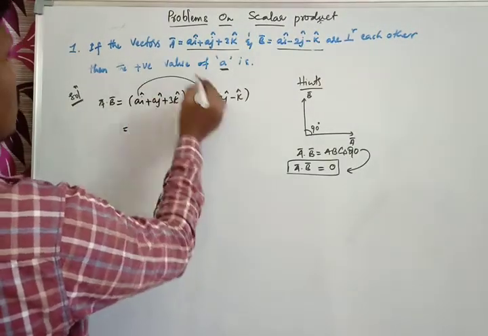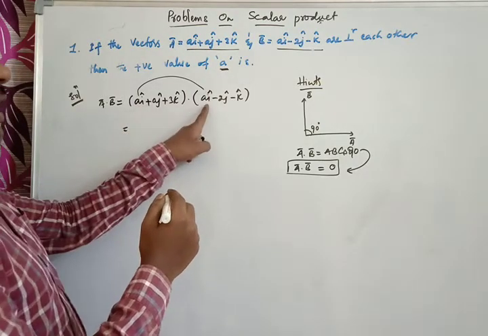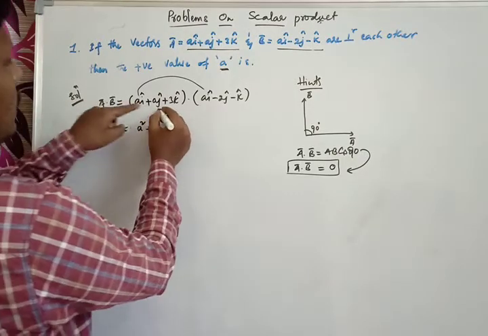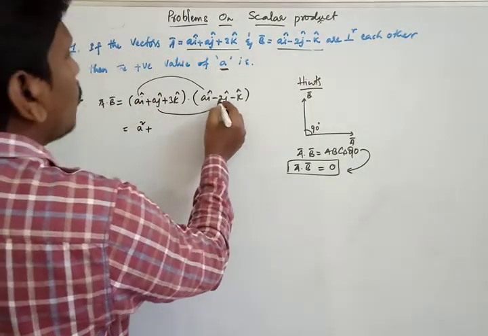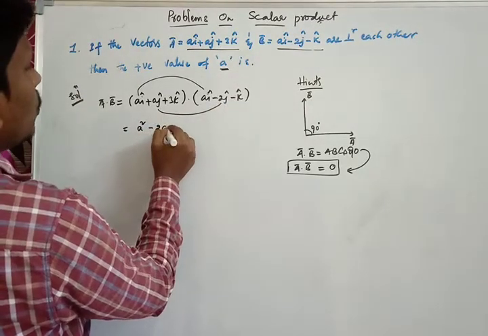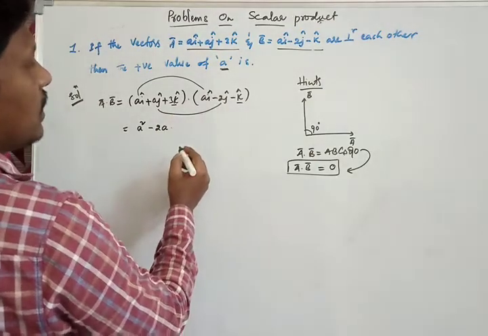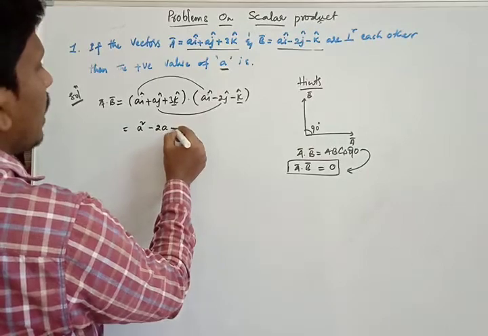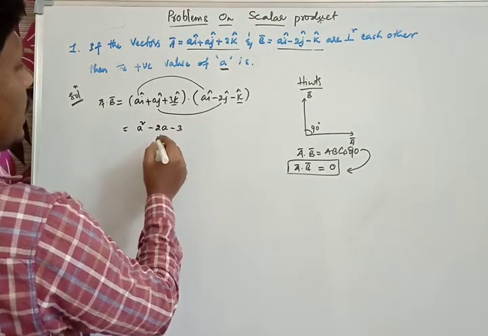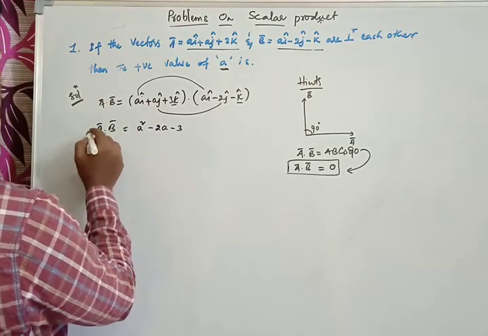We have to multiply. a i dot a i is a square, plus a j into minus 2j is minus 2a, and 3k into minus k is minus 3. So we can write a bar dot b bar like this.